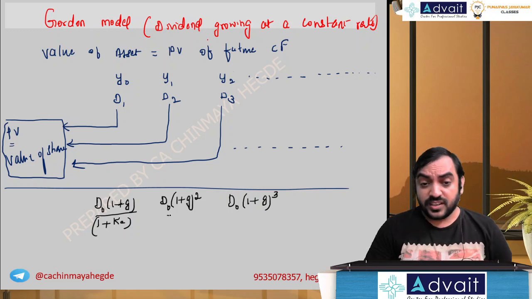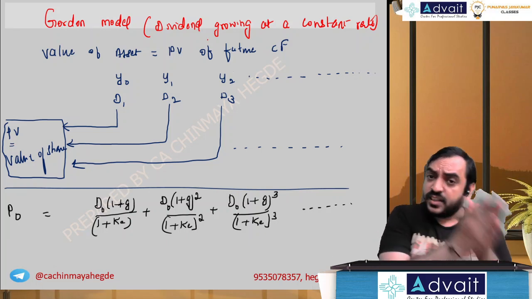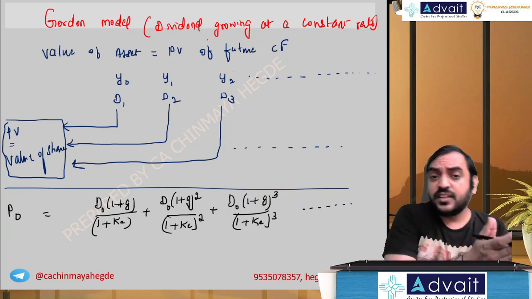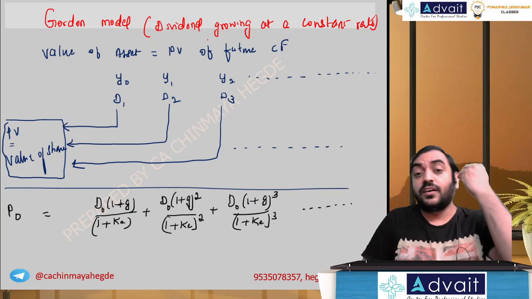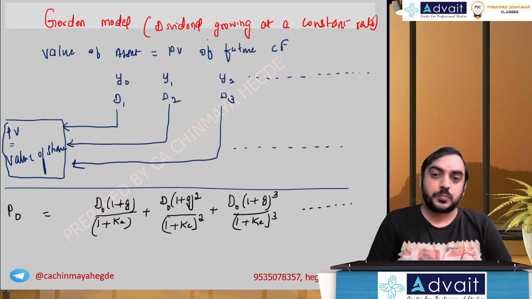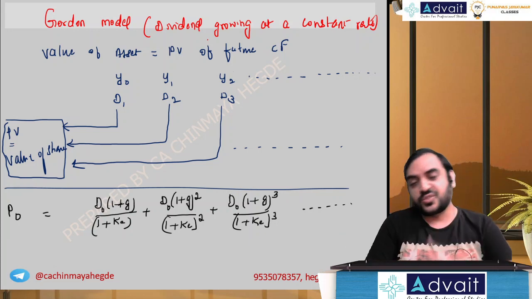For the second year, we divide by (1 plus Ke) whole square, then by (1 plus Ke) to the power of 3, and so on. So P0, or you can say intrinsic value, the value of the share, equals the first year dividend's present value, plus the second year dividend's present value, plus the third year dividend's present value, and so on, dividend forever, to infinity. And discount it by 1 by (1 plus k), 1 by (1 plus k) whole square, 1 by (1 plus k) whole cube, and so on.